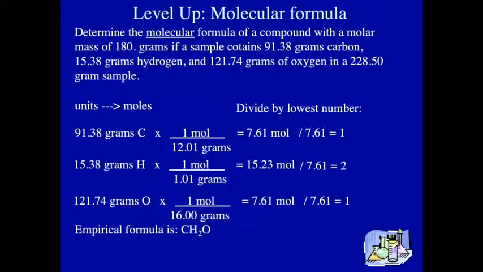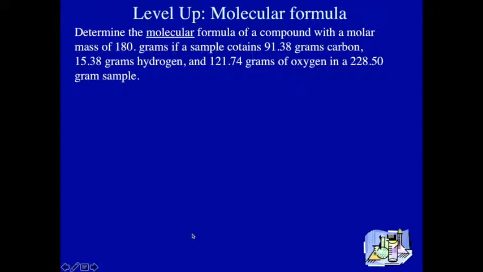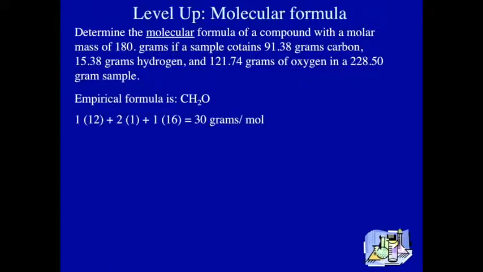But as you'll see, if I actually add it up from the empirical formula, if I added up a molar mass, that would be 1 carbon plus 2 hydrogens plus 1 oxygen, gives me 30 grams per mole, which would be the correct molar mass for formaldehyde, not the correct molar mass for this particular substance, because as it says, we ran this through a mass spectrometer, and the molar mass is 180 grams, not 30 grams.